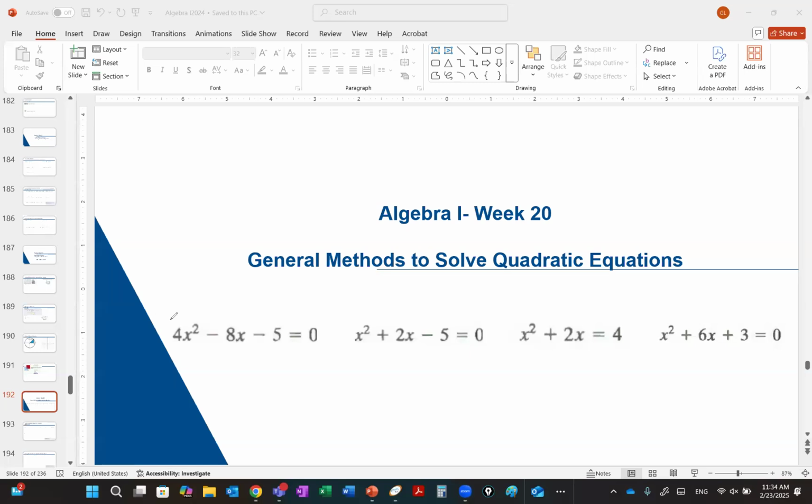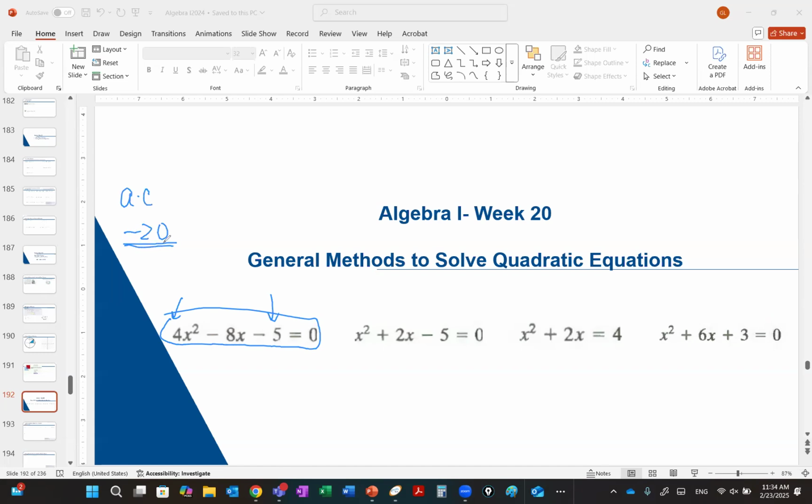See question one first. How do we factor it? So A is 4, right? C is -5. So A times C would be -20. What's the product of the two factors?